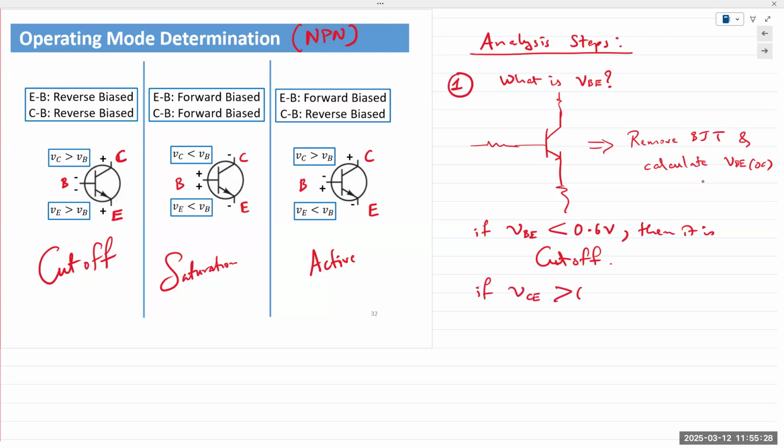If VCE is greater than 0.2 volts, then it's active. And if VCE is less than 0.2 volts, then it's saturation. Okay, and that's it.